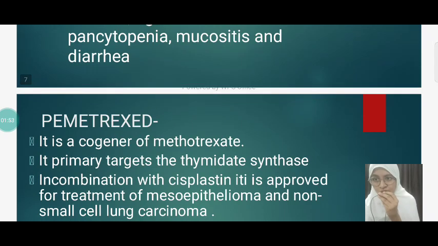Now the next drug is pemetrexed. It is a congener of methotrexate. It primarily targets thymidylate synthesis. In combination with cisplatin, it is approved for the treatment of mesothelioma and non-small cell lung carcinoma.